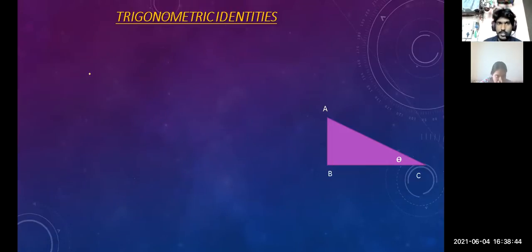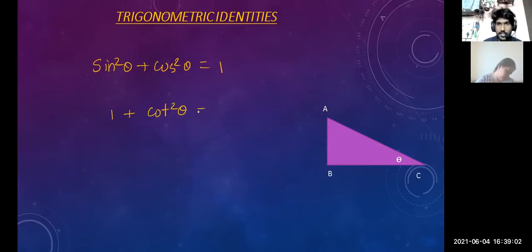So the three main identities, very, very important. Sine square theta plus cos square theta equal to 1. Then 1 plus cot square theta is equal to cosec square theta, and 1 plus tan square theta is equal to sec square theta.